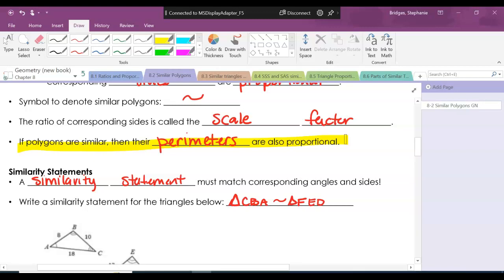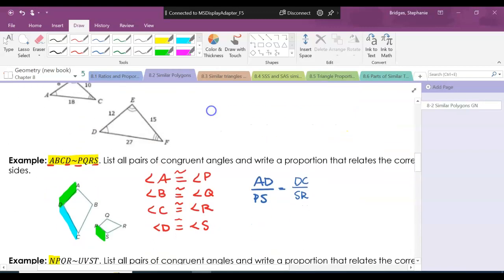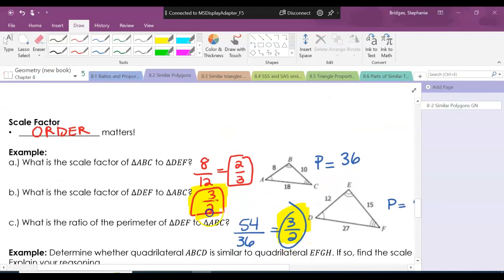That means the ratio of the perimeters always reduces to be the same thing as the scale factor. If you don't remember it, you can figure it out by adding all the sides and writing the ratio. However, once you know the ratio, if they ask you for the ratio of the perimeters, all you have to do is write the same thing. Make sense? Okay.